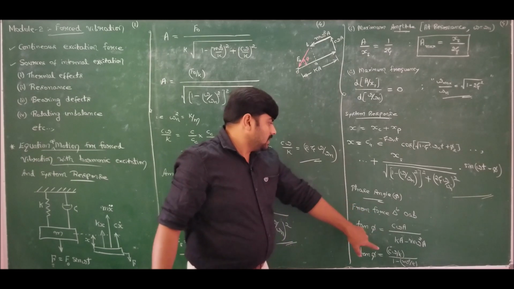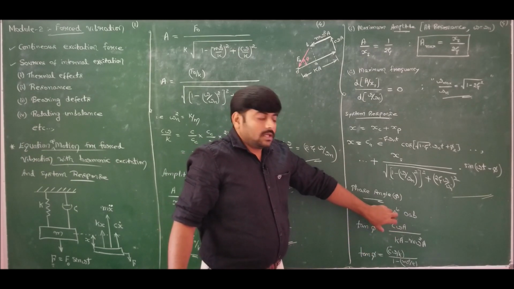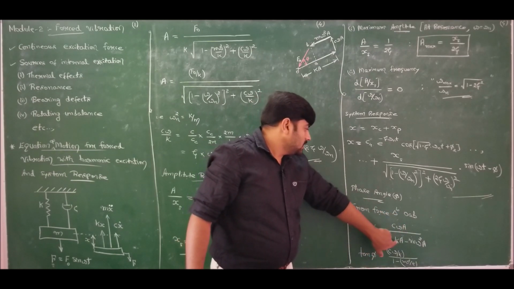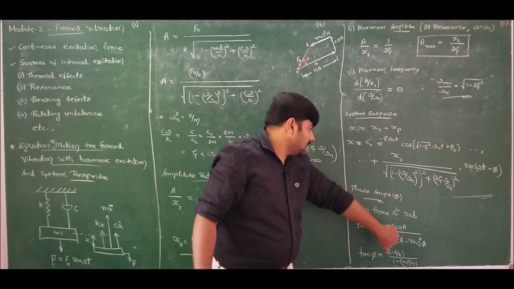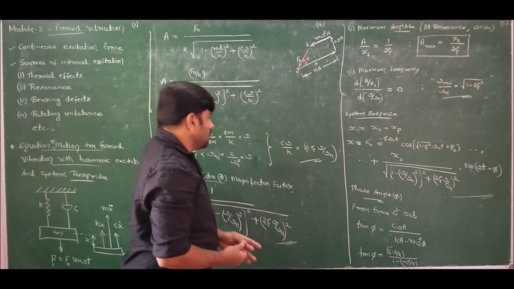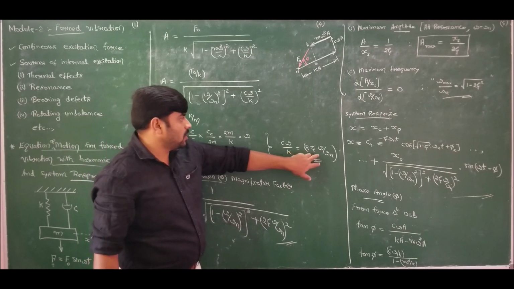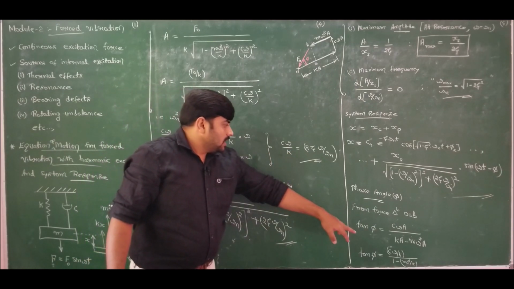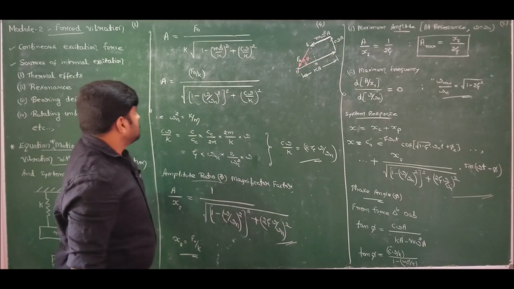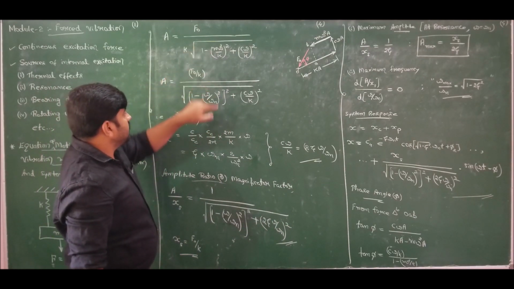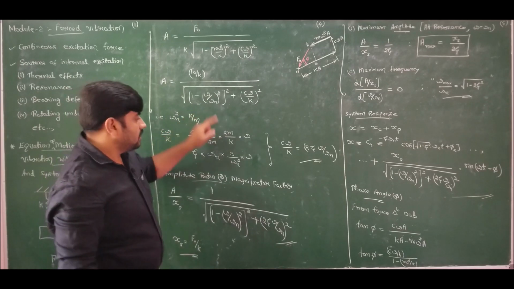Throughout I took A common in the denominator, A and A will get cancelled, and then I took K common and sent it to the numerator. This will become 1 minus M omega square by K, and the numerator is C omega by K. What is C omega by K? C omega by K is 2 zeta omega by omega n. M omega square by K can be written as omega by omega n whole square, correct?